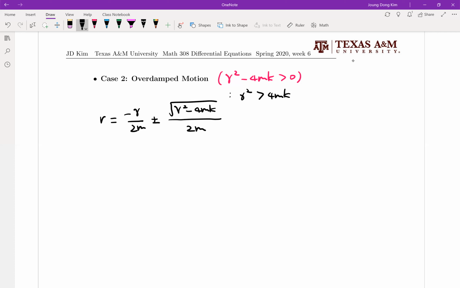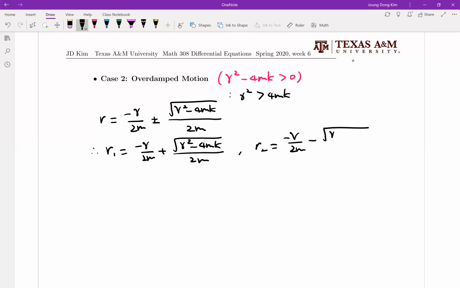And both of them are real numbers, then we can say your r1 is minus gamma over 2m plus square root of gamma square minus 4mk over 2m, and r2 is minus gamma over 2m minus the square root of gamma square minus 4mk over 2m. Okay, then since both of them are real numbers, those r1 and r2 will be the exponents of your exponential function, right?